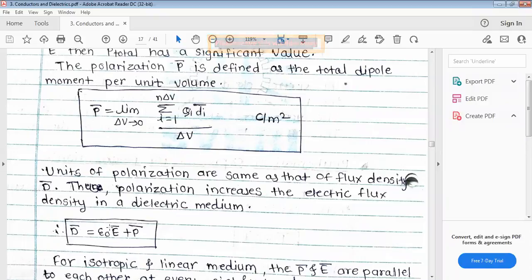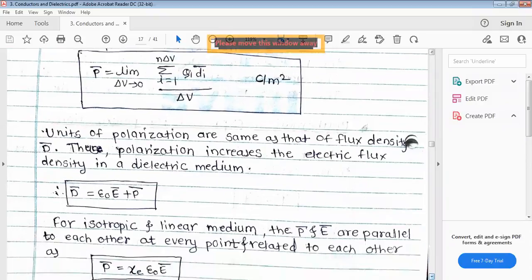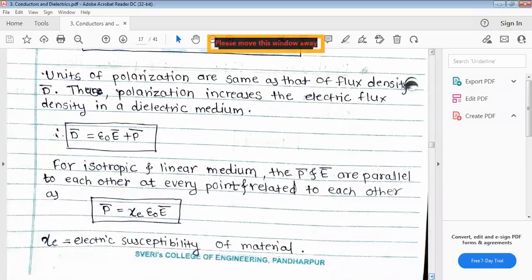This is the equation we have already obtained. D bar is equal to epsilon 0 E bar, but there is an additional P bar. For isotropic and linear medium, this P bar and E bar are parallel to each other at every point and related to each other as follows.